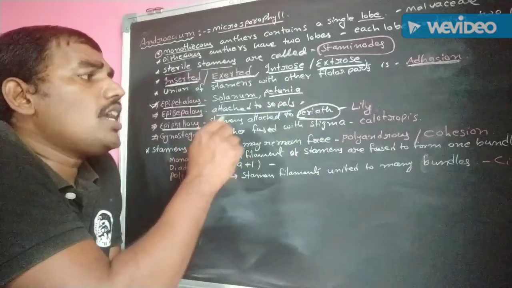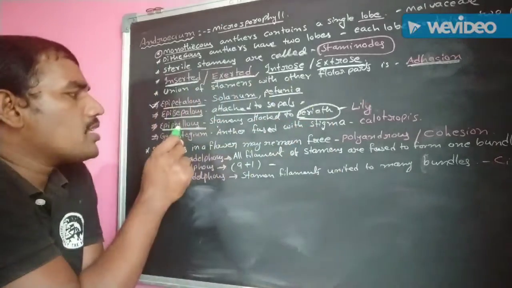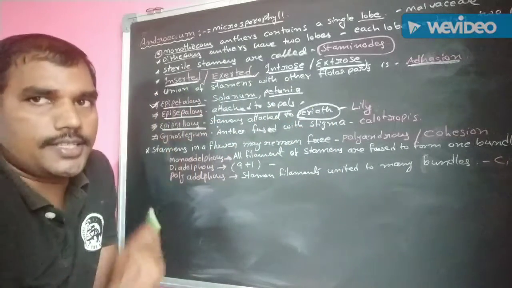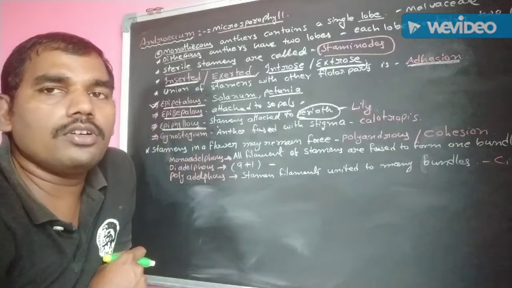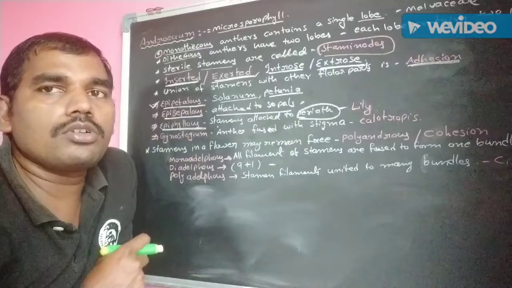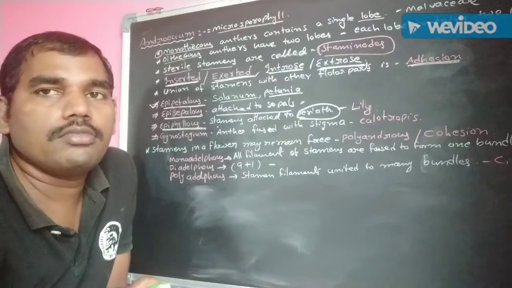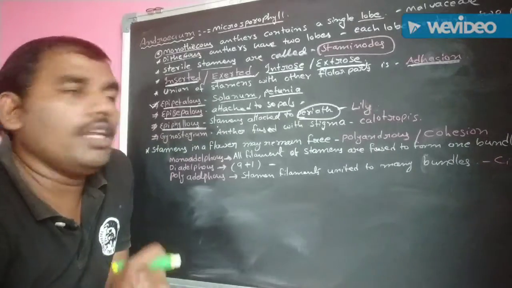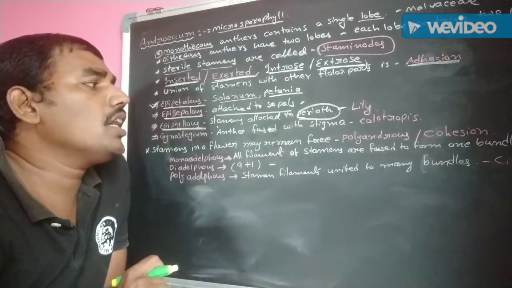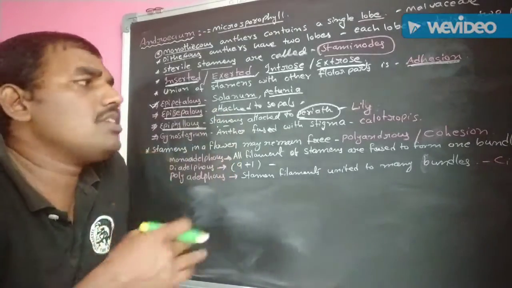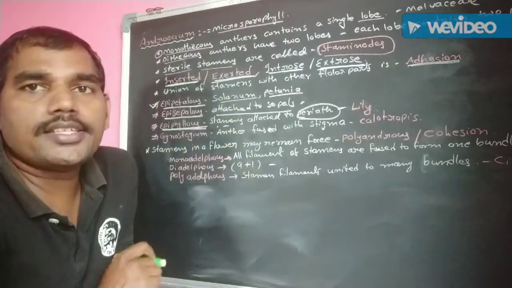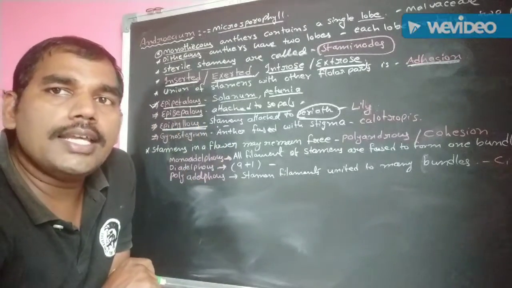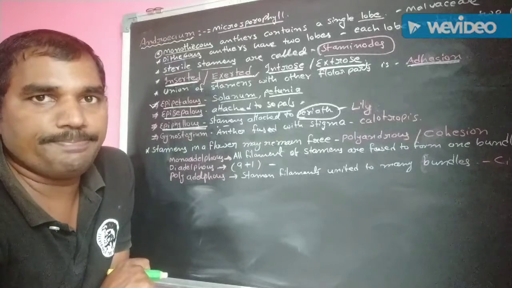So stamens attached to the perianth are known as epiphyllous. You know, in a lily flower there is no calyx and corolla differentiation, they look white. These are the perianth, and on this perianth the stamens are attached. This is known as epiphyllous. Example, Lilium candidum, lily.